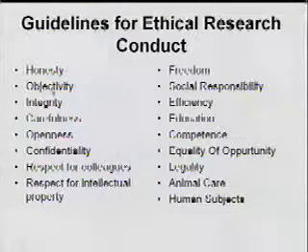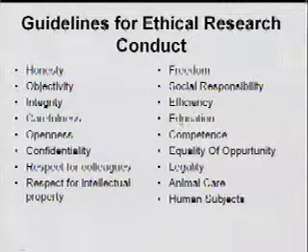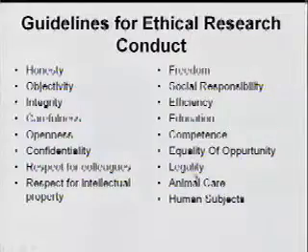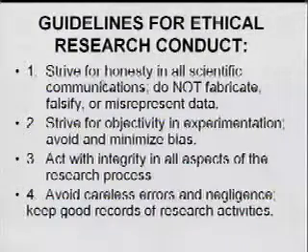So: honesty, objectivity, integrity, carefulness, openness, confidentiality, respect for colleagues, respect for intellectual property, freedom, social responsibility, efficiency, education, competence, equality of opportunity, legality, animal care, and human subjects are about 17 of what certainly would be a longer list if we spent additional time trying to think about it. The authors provided us the list, so it was kind of convenient.